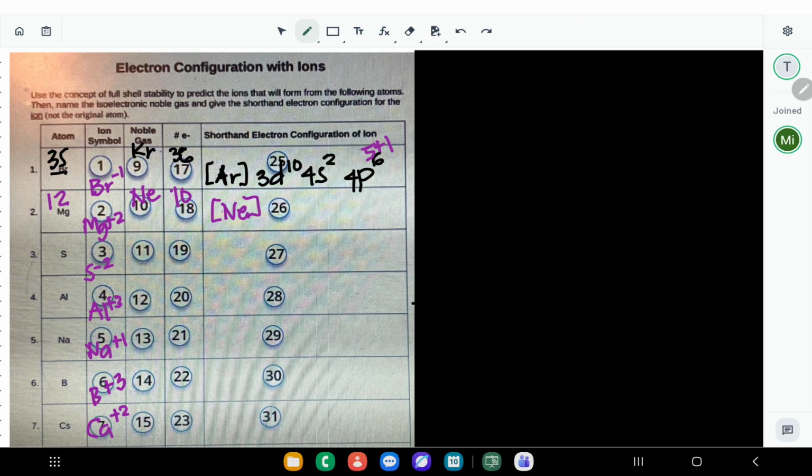It's supposed to be neon 3s2, but magnesium has a charge of +2, so it loses electrons, and we subtract 2 here. It becomes 3s to the 0, so we will be left with only neon.